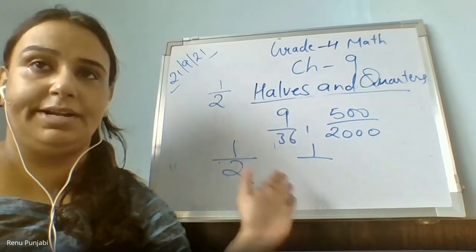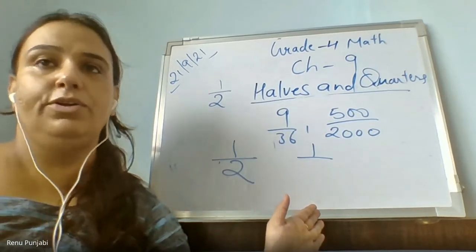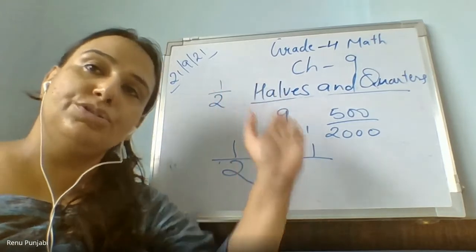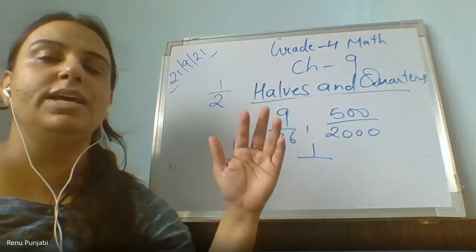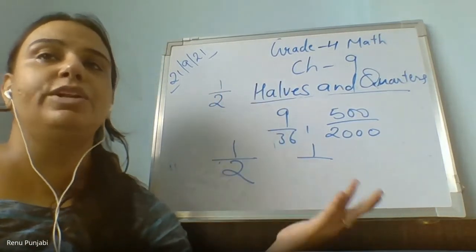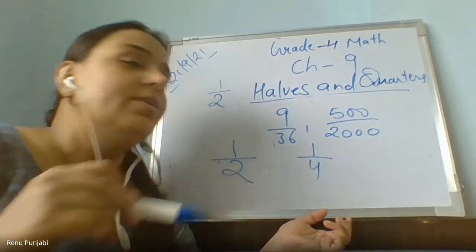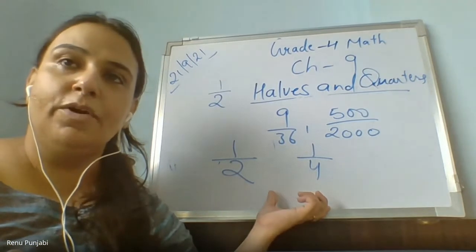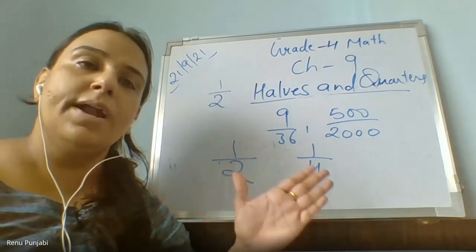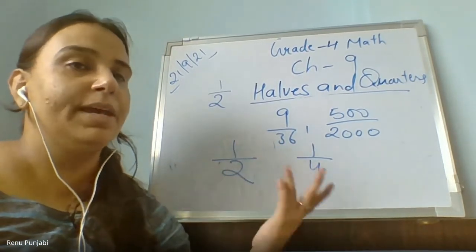Like 5/10 is also 1/2. 10/20 is also 1/2. Means if we increase the number, our halves will also increase.